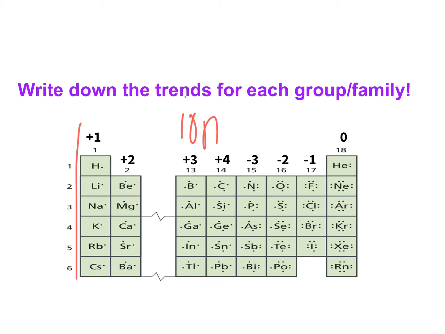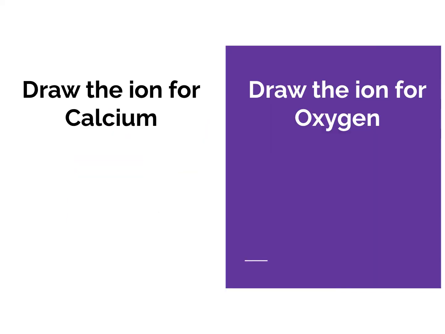So, group 1 here is going to tend to be a +1 ion. Group 2 will be a +2, and so on and so forth. Now, just a quick test for yourself. Go ahead and in your notes, draw the ion for calcium, and then draw the ion for oxygen. So if we look on our periodic table, calcium is in our first group or column.